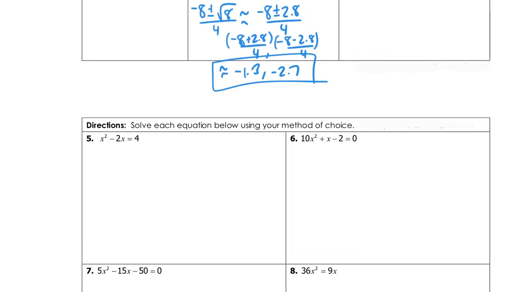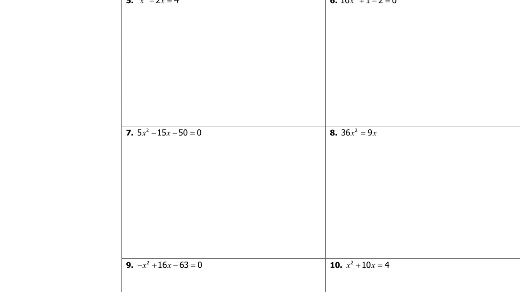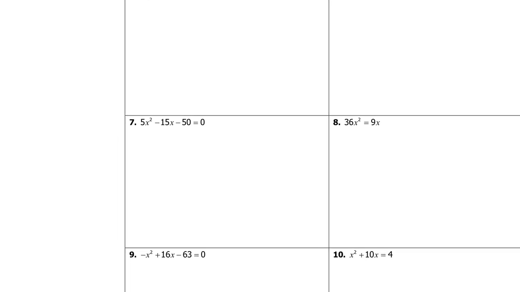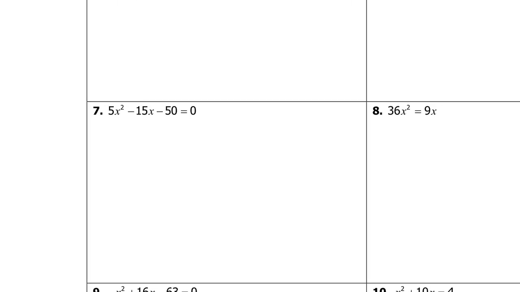So then visibly, I kind of look for ones that look like I could factor them. So like number 7, for example, it looks like I can factor a 5 out of the whole thing. So I'm going to divide by 5 on everything, and I'm going to get 5, that 5 kind of stays in front, x squared minus 3x minus 10 equals 0.